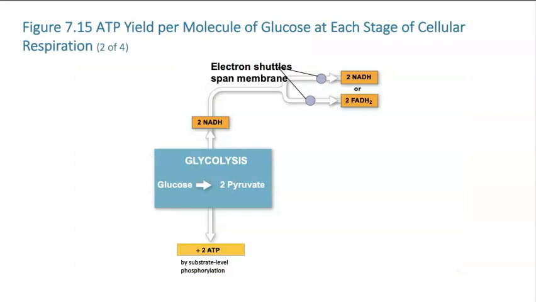Just a real quick note, because we hadn't really talked about electron shuttles: all I'm going to say with regard to this is that NADH could be made in glycolysis, or it could be changed to FADH2, and I think that that's probably enough for our understanding.